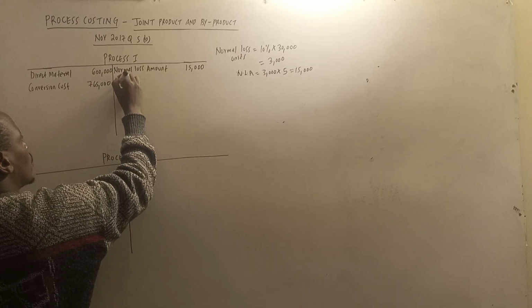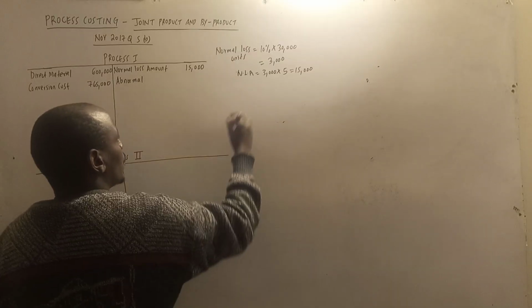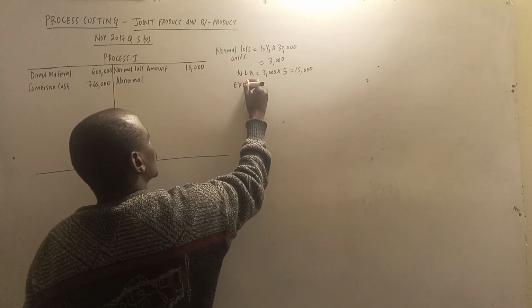Then let's check abnormal gain or loss. So we compute expected production.